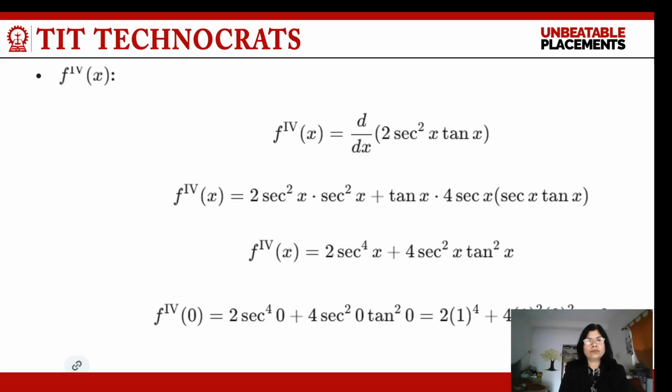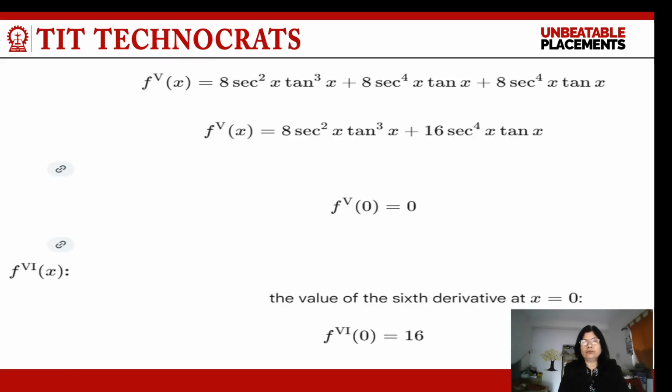At x equal to 0, the fourth differentiation at 0 is equal to 2 sec to the power 4 of 0 plus 4 sec square 0 tan square 0, which is equal to 2 into 1 to the power 4 plus 4 into 1 to the power 2 into 0 square. So after solving we get the fourth differentiation at 0 is equal to 2.